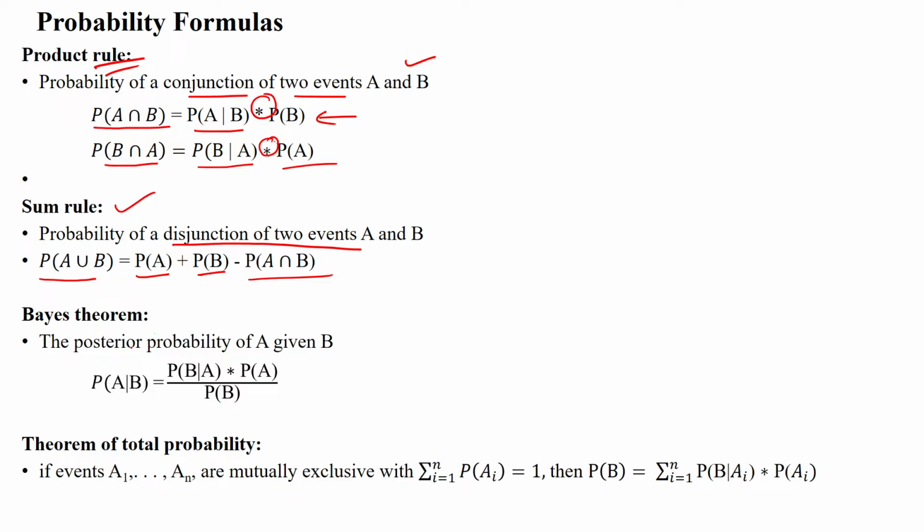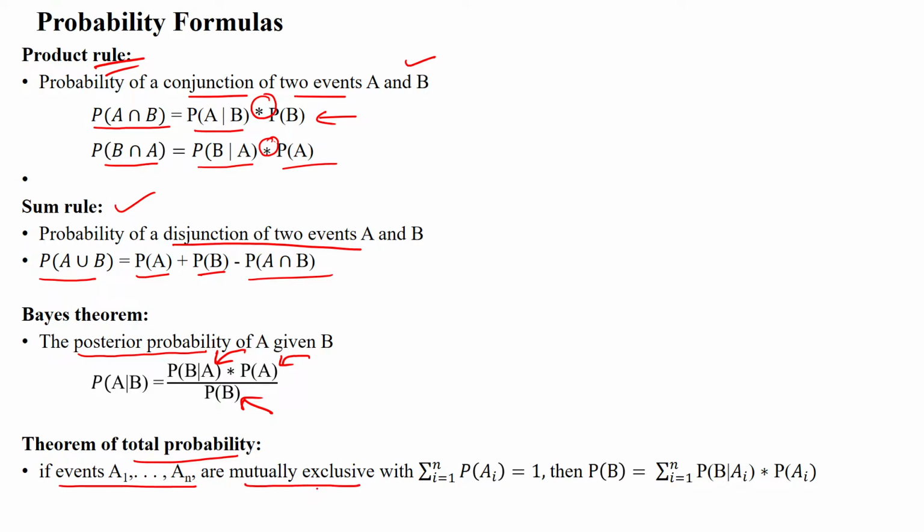Then Bayes theorem provides the posterior probability from the likelihood and prior probability divided by the marginal probability. The total probability is calculated by assuming there are n events denoted A1 to An, which are all mutually exclusive.